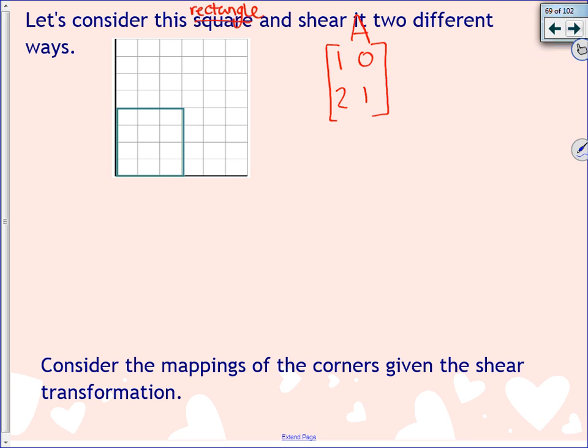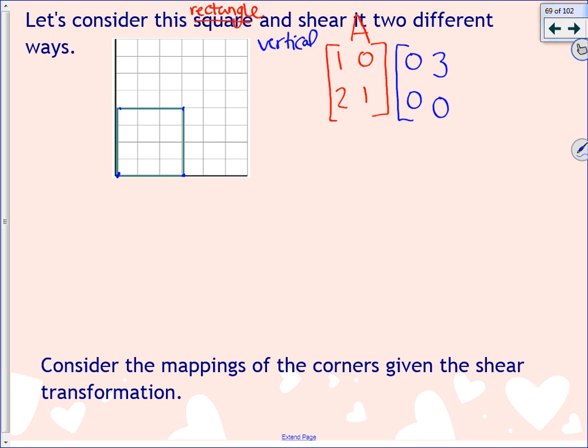So here's my vertical. And you can multiply by all of these position vectors separately, or all together. So I'm just going to do them all together. One vertex is 0, 0. Another one is 3, 0.